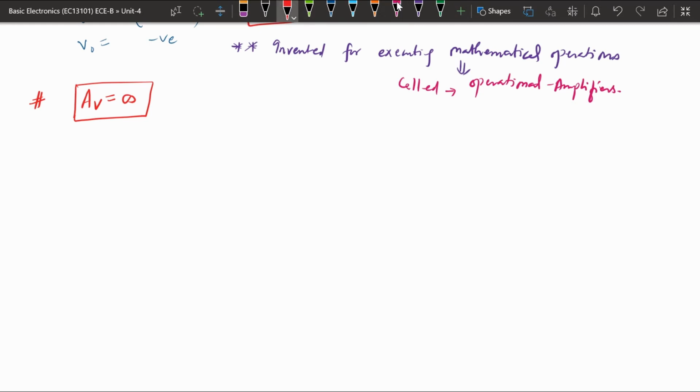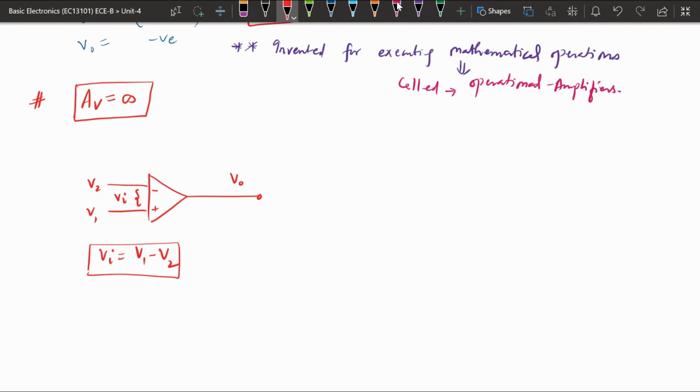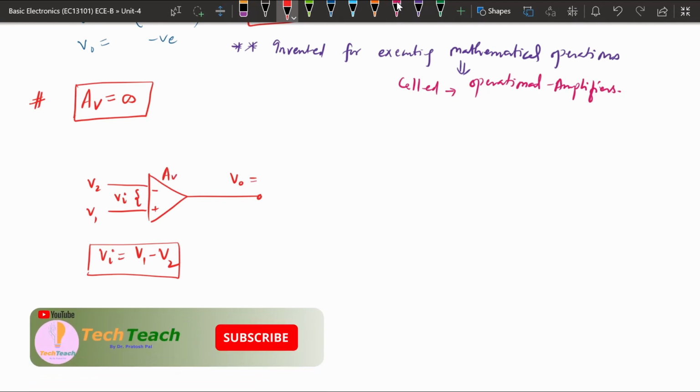So here we are going to see the effect of AV equals infinity. The two different inputs are there. So this is V2, this is V1, and the difference between these two will be called Vi. So Vi will be V1 minus V2, and this is your output, and this output will be the gain multiplied by the input.